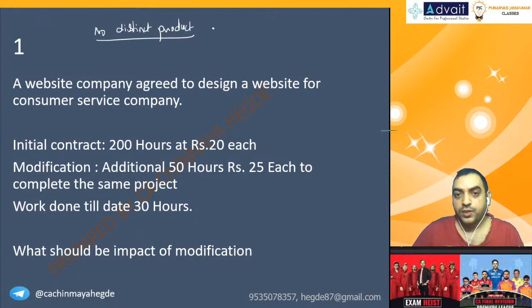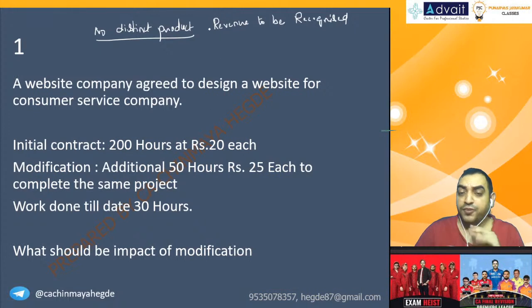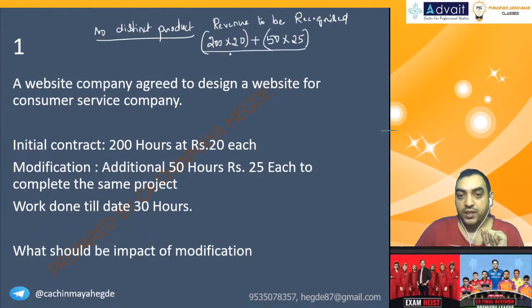So what is the revenue to be recognized if you knew this from the beginning itself? 200 hours into 20 plus additional 50 hours into 25, divided by total number of hours, which is 200 plus 50.